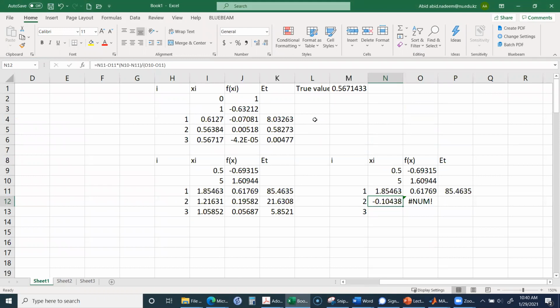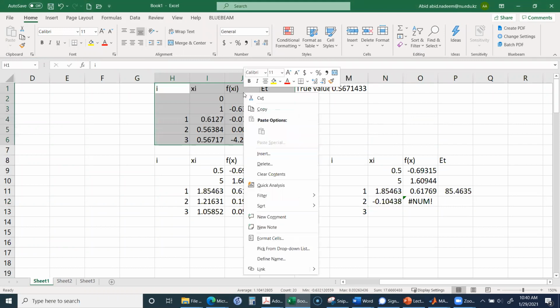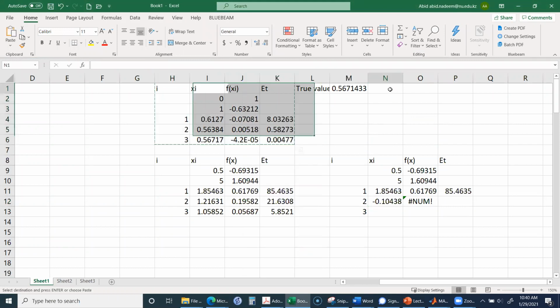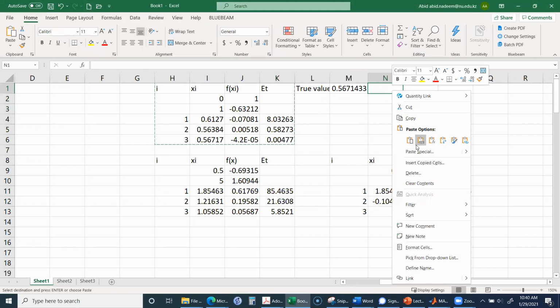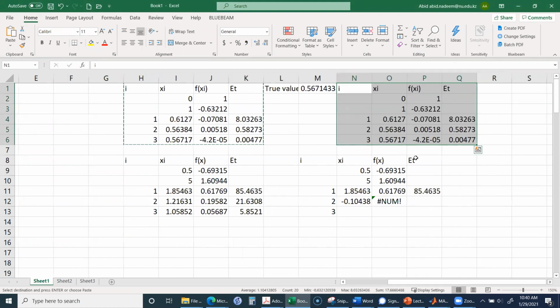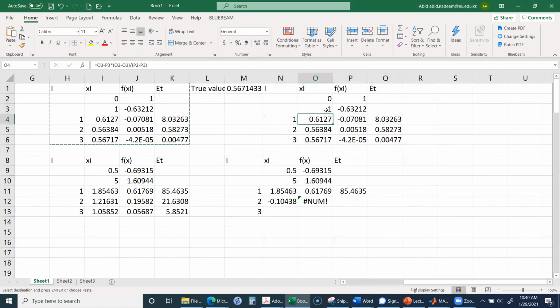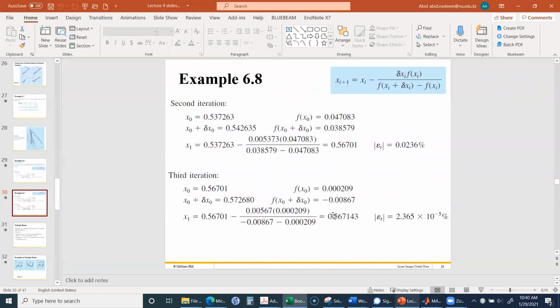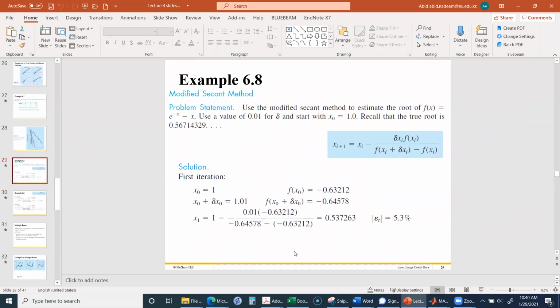If I apply the modified secant method, let me copy these values from here into the modified secant sheet. In the modified method, the first value I will use is 1, and then the second value will be 1.01.